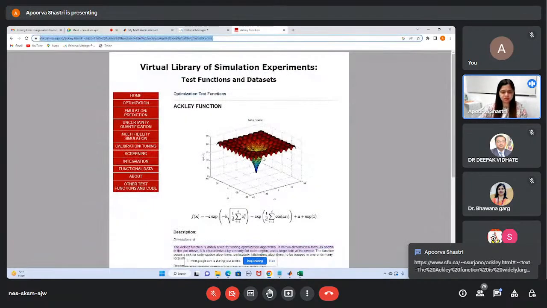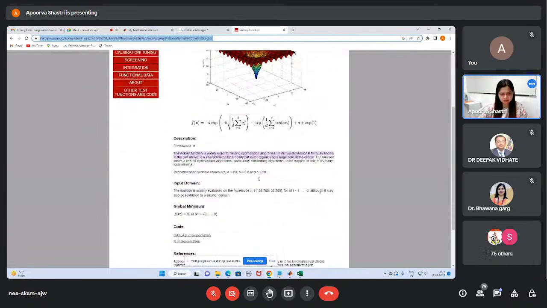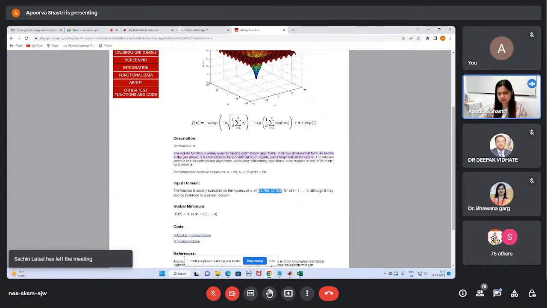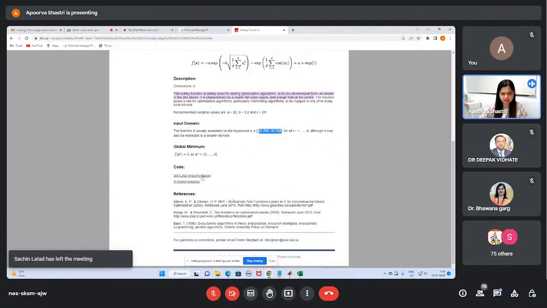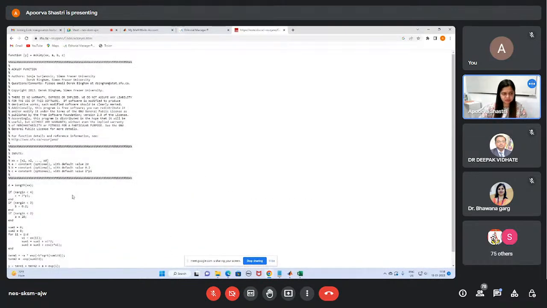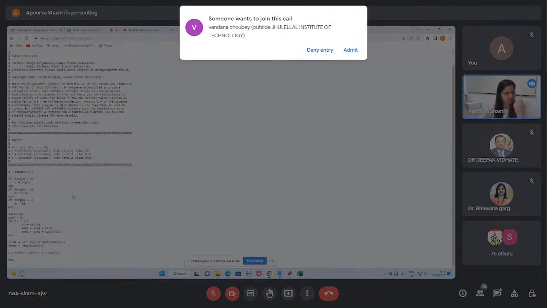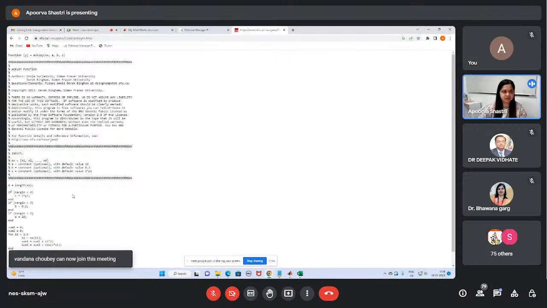For the Ackley function, you can see the upper bound and lower bound, these are the recommended variables. The function has upper bound and lower bound of minus 32.76, 32.76. You will get a MATLAB implementation code also. There are many other websites where you will get this MATLAB implementation code, or you can refer to this website itself.